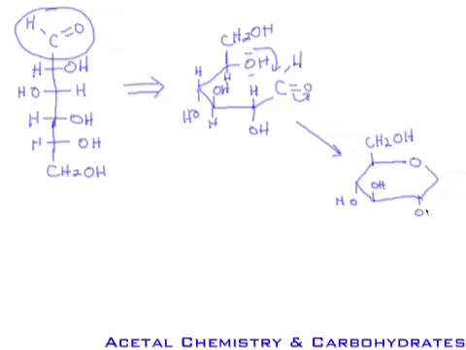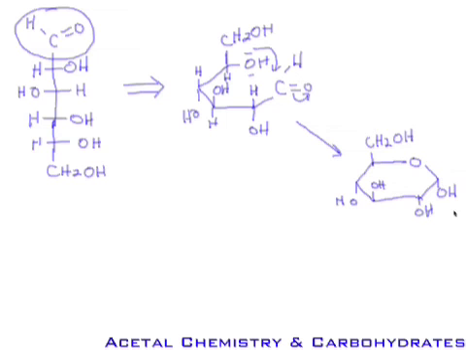And for clarity, I'll leave the H's out. It is a line formula. Now I'll draw this OH that forms from that carbonyl. It could be up or down. I'll draw it down. But I admit this could have been drawn up.